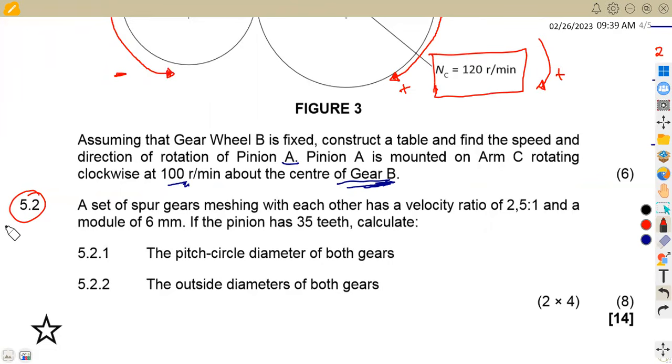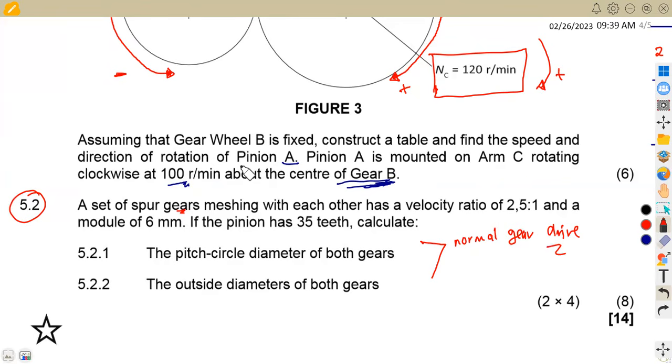Just think of the simplest type of gear, that's what we refer to as a spur gear. So for all these calculations, you refer to the calculations of a normal gear drive, which means you're supposed to think of all those formulas that you know about a normal gear drive.